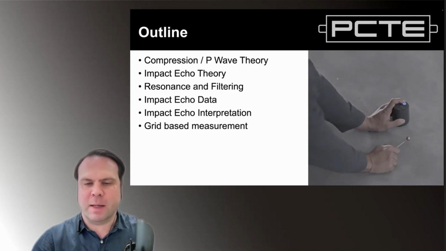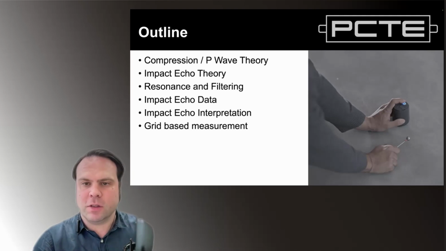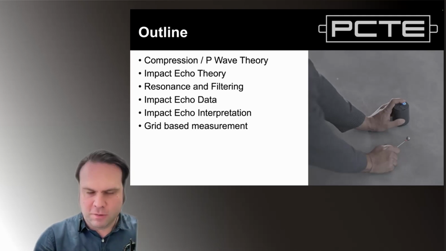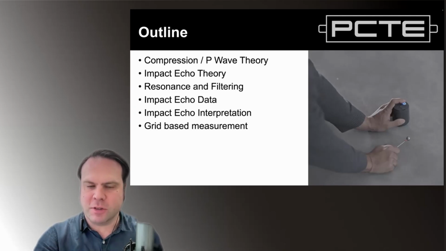And the second topic that people maybe don't have a full understanding of is filtering, which they'll ask me every time: what are the settings for the filter? Is there a correct value for a filter? So I'll be going into some detail on filtering. Then we'll look at some different kinds of interpretation of impact echo data together, essentially the effect different kinds of geometry or structure will have on impact echo testing, and how we can interpret different forms of defect or different geometric measurements we want to take with that system.